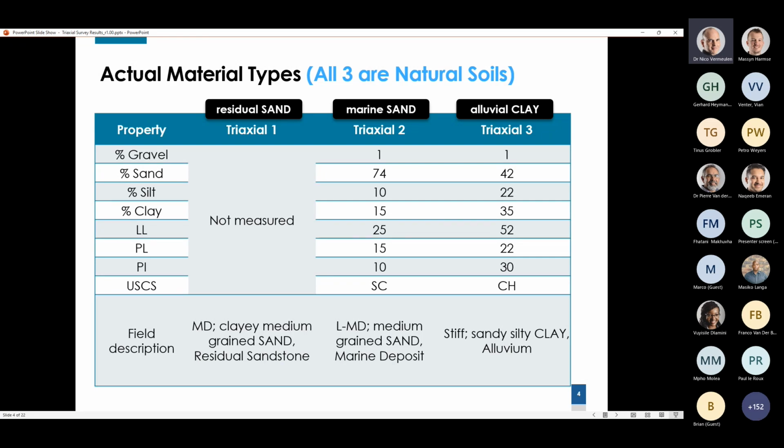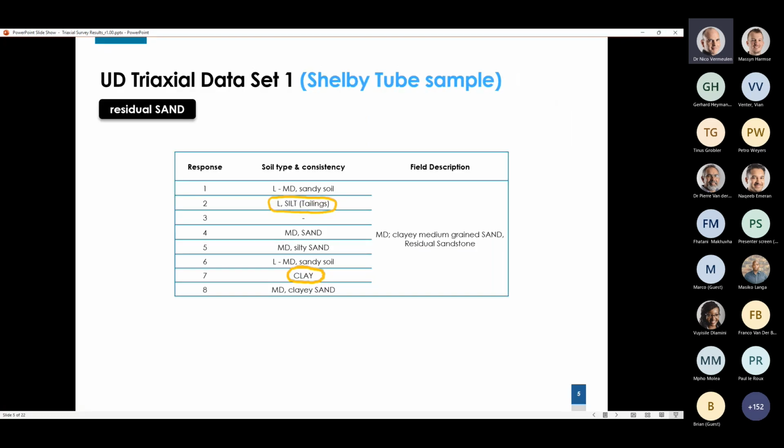It certainly fits the bill. And then lastly, an alluvial clay with a clay content of 35% plus, and high plasticity is typical of what we would find as alluvial clay. So this sort of characterizes the soils that were tested and which were then mailed out with the triaxial test results.